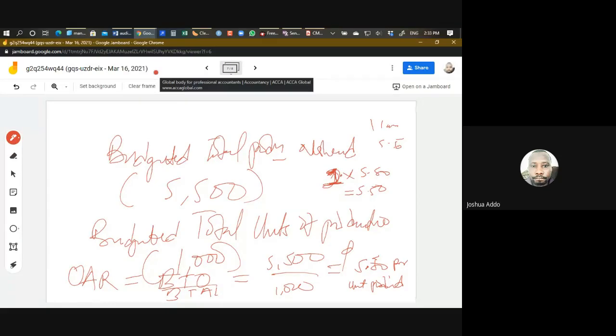You have to understand that because the basis is unit produced, you'll get a charge per unit of the product, which is what we will be looking for when we want to cost the product.